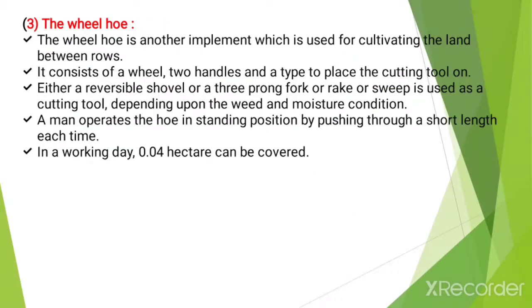Then the wheel hoe. The wheel hoe is another implement used for cultivating the land between rows. It consists of a wheel, 2 handles, and a type of cutting tool on it. Either a reversible shovel, a 3 pronged fork, a rake or a sweep is used as the cutting tool depending upon the weed and moisture condition.